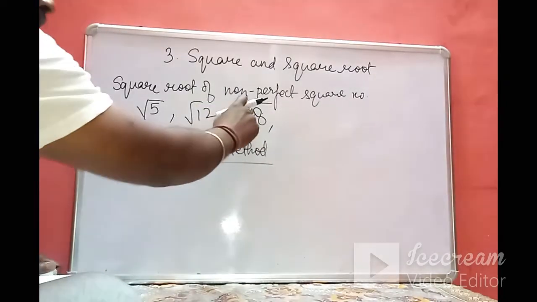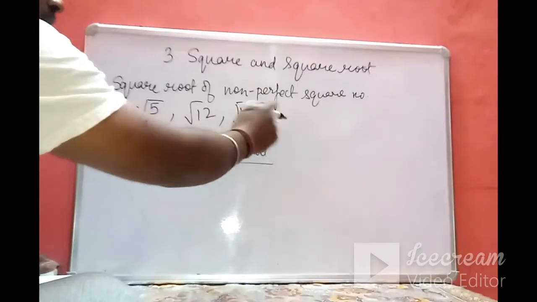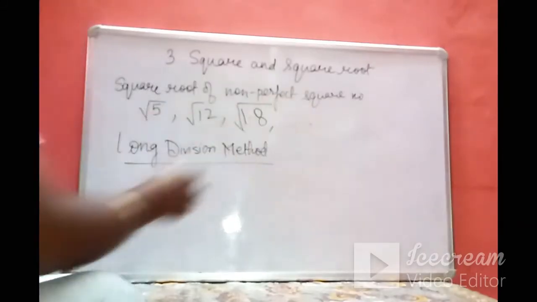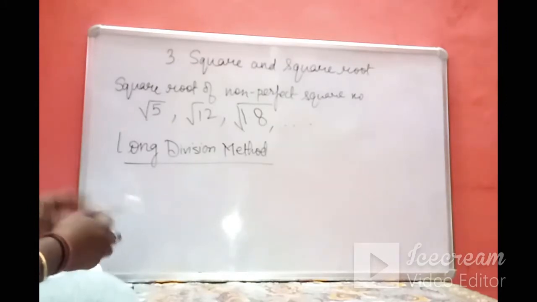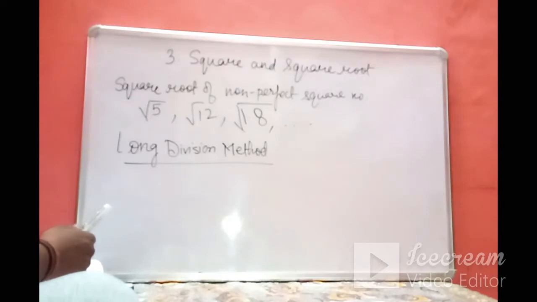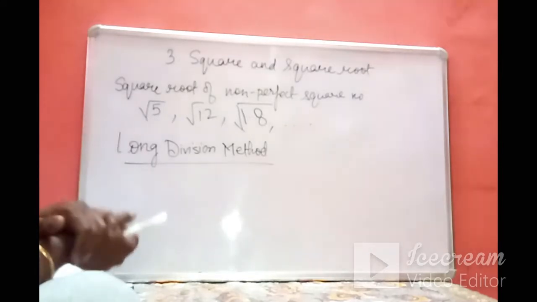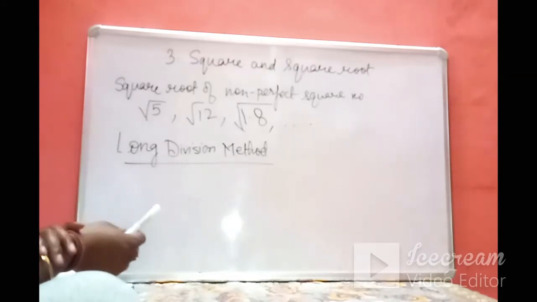are not perfect squares. You cannot write these numbers in the form of two identical natural numbers multiplied by each other. So in order to find the square root of these kinds of numbers, the method that we are going to use is the long division method only.